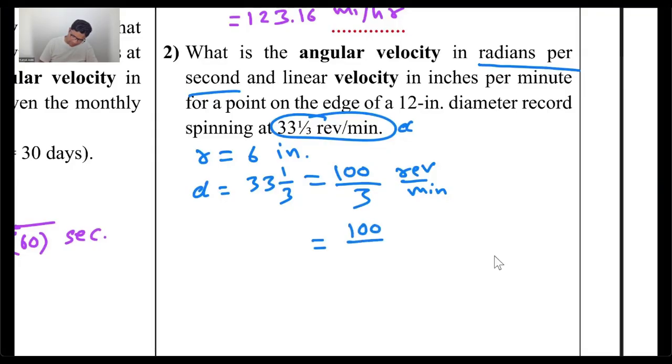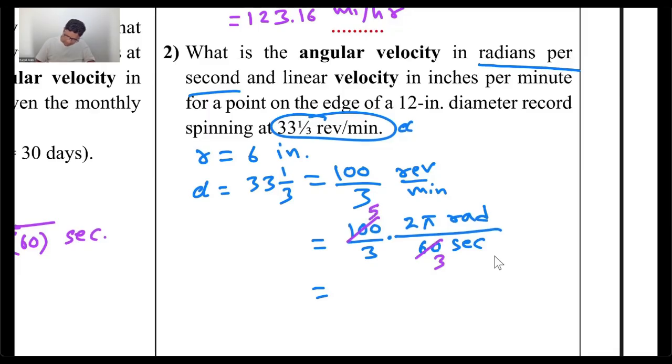So 100 divided by 3, and 1 revolution is 2 pi radians, per 1 minute is 60 seconds. Now do that calculation. It is multiplication here, 5 and 3 here, so I don't think anything else multiplies. That will be 10 pi over 9 radians per second.